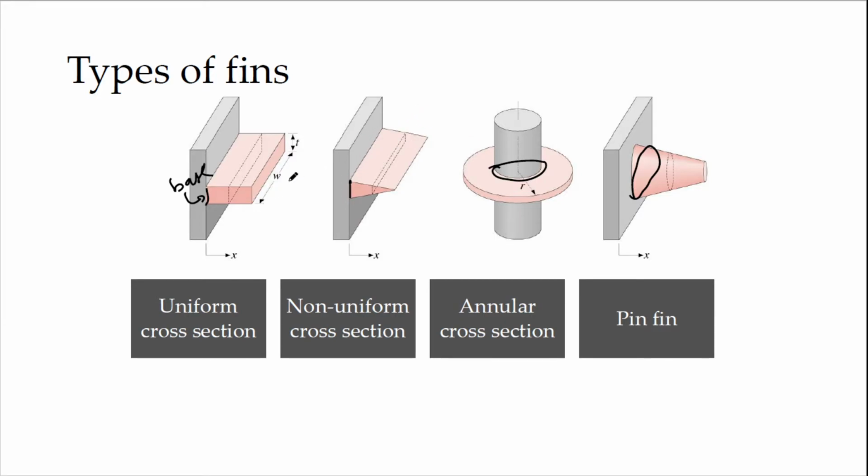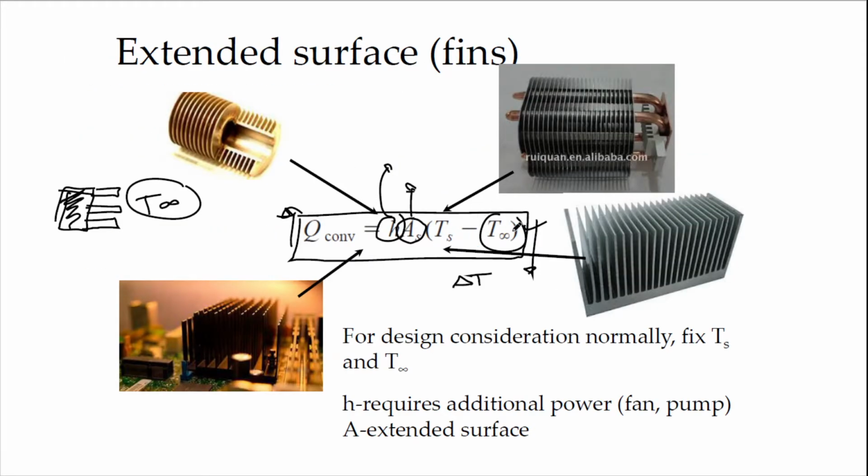But the main thing is pulling heat away from the base. Different shapes will give you different equations, but the base equation is the same, because we are integrating over different surface areas and then we will have different equations. But the base equation is still the same, which is this one.